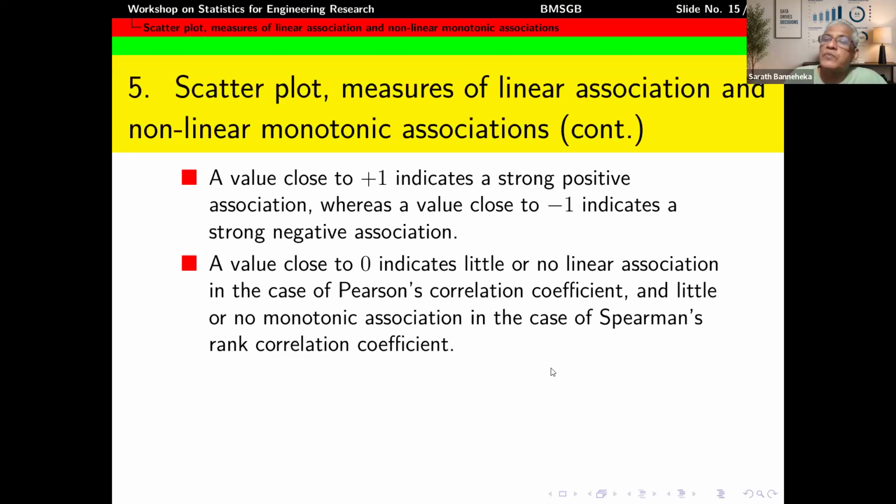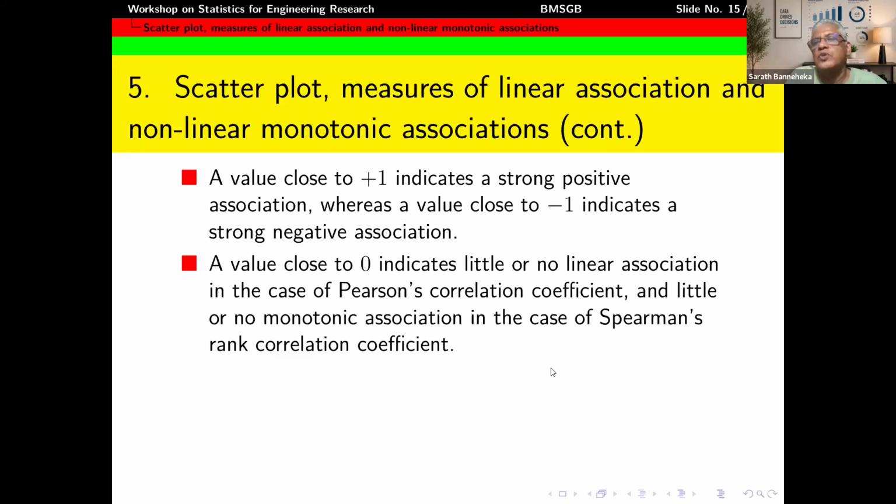On the other hand, if R is, say, on the positive side between 0.25 and 0.5, that kind of values indicate weak linear or monotone, depending on which correlation coefficient you are using. But the word is weak linear relationship or monotone relationship. If it is on the positive side, you can say weak positive linear relationship, or weak positive monotone relationship.